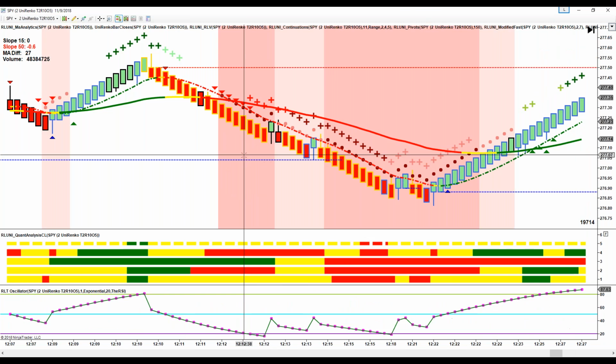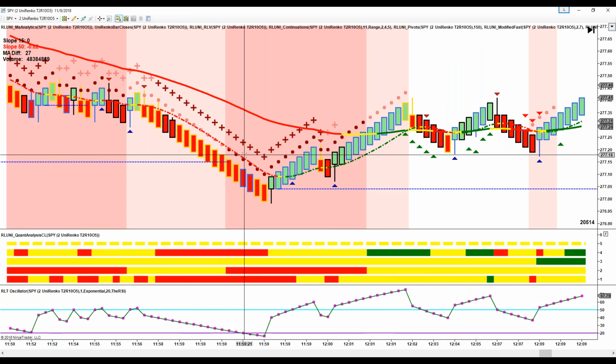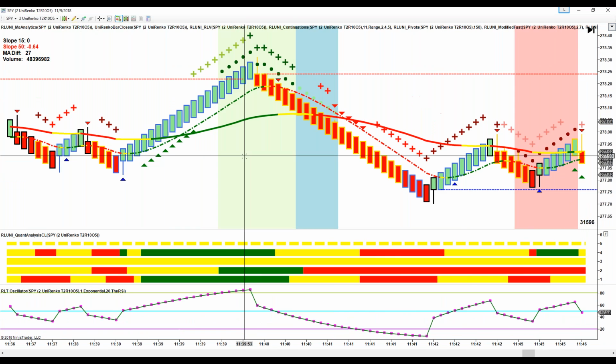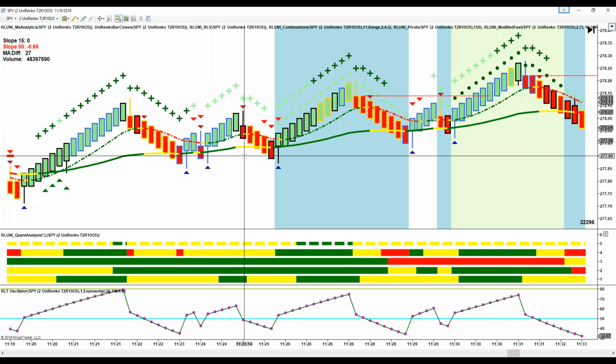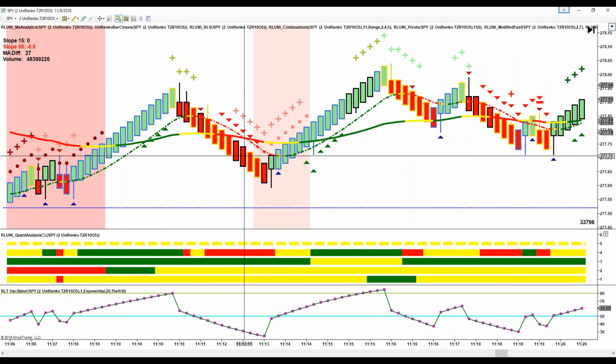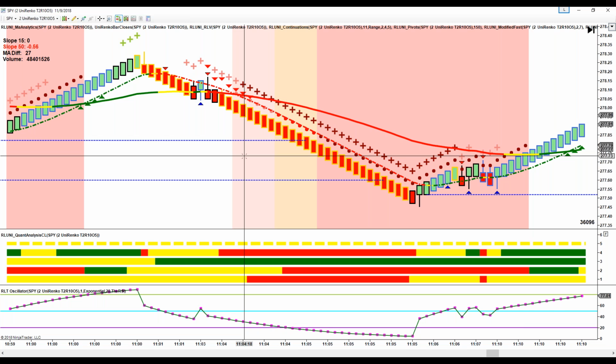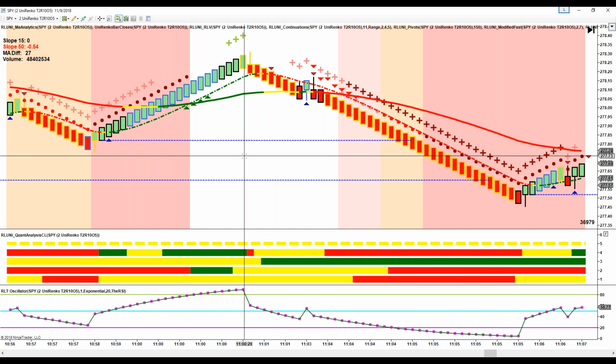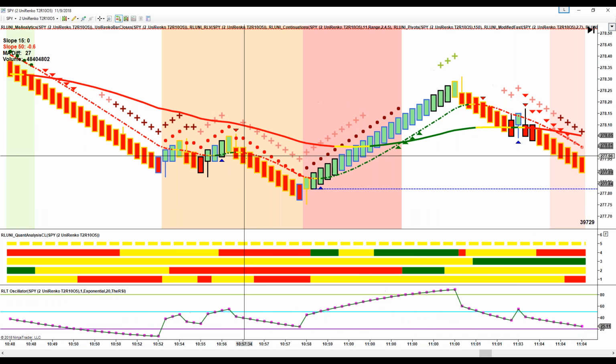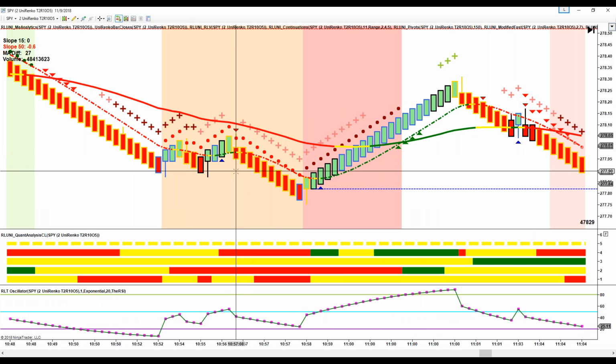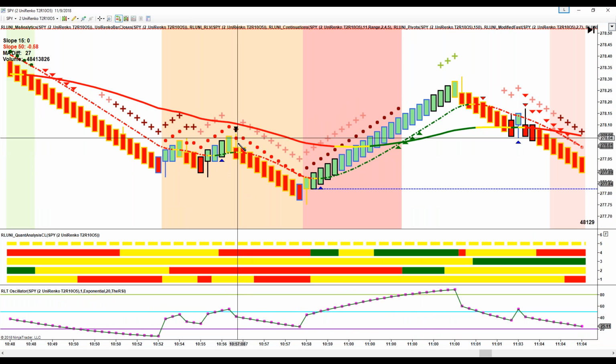Let's just go to the morning. Here's a perfect trade right here. Now here's your key line.